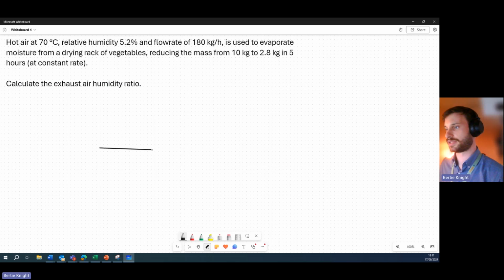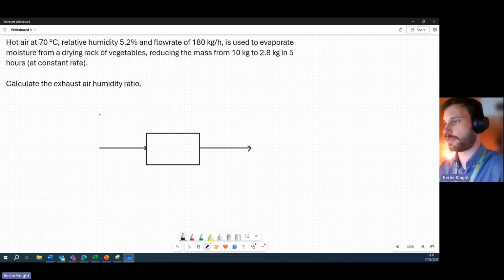Let's start out, as you might typically do, by drawing a mass flow diagram. This is stuff that we've done before at level 4. We've got two things here: air and water, right?